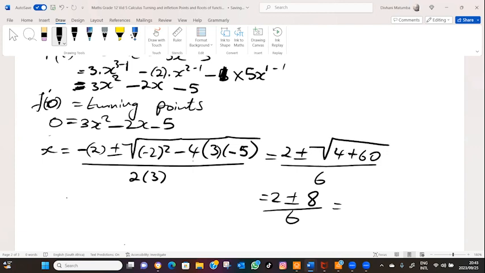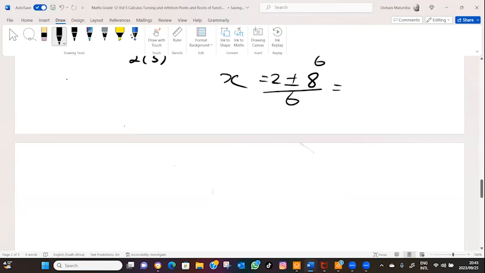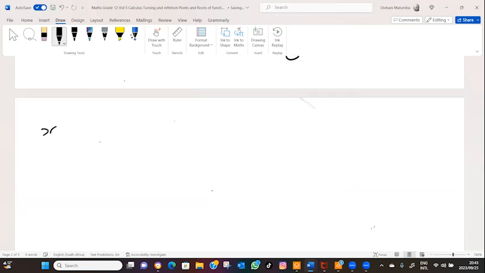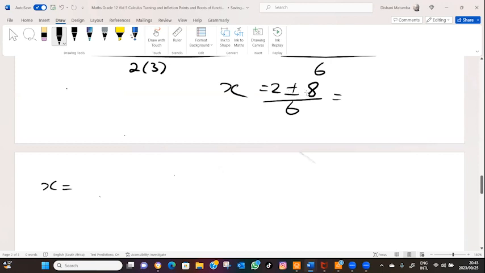Eight over 6. Now, our roots will be, now your x is given by that. Now, our roots will be x equals, let's see, 2 plus 8 is 10. 10 divided by 6, you will agree with me, it will be 5 over 3.